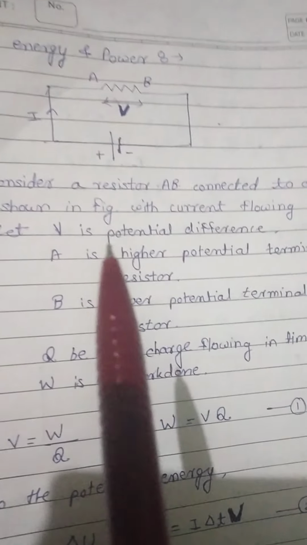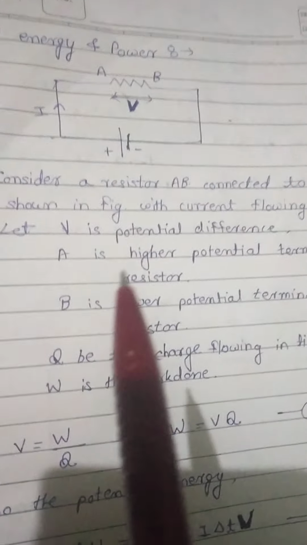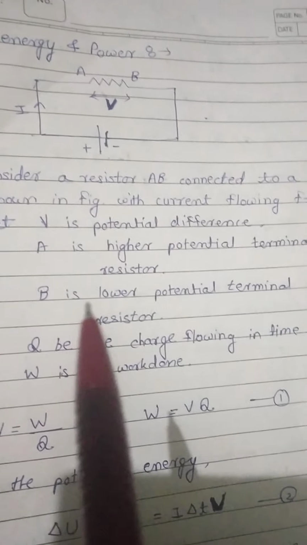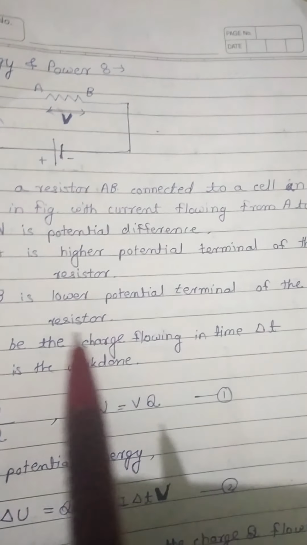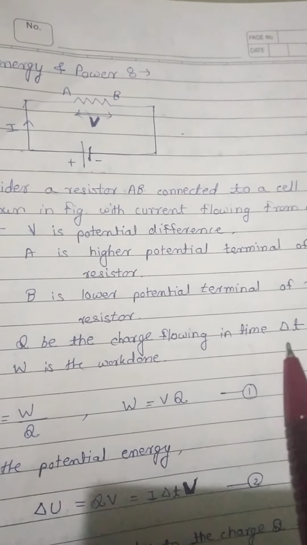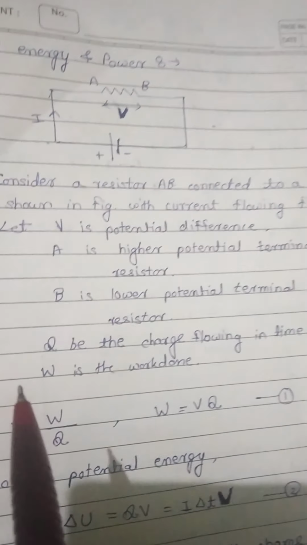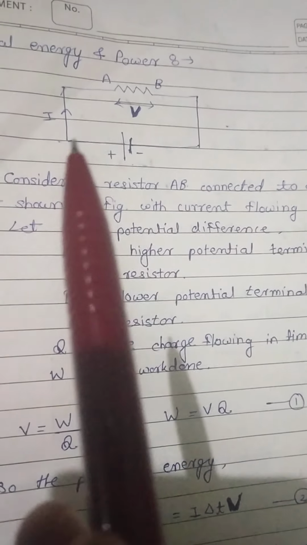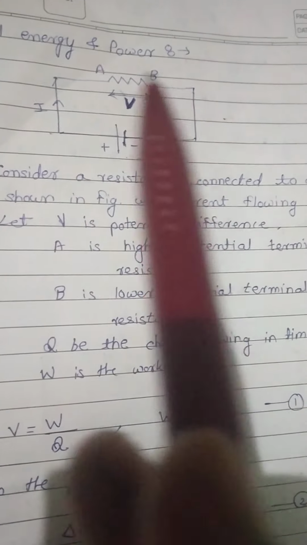Let V be the potential difference, A the higher potential terminal of the resistor, B the lower potential terminal, and Q the charge flowing in time delta T. Here W is the work done, because charges are flowing, so work is done.